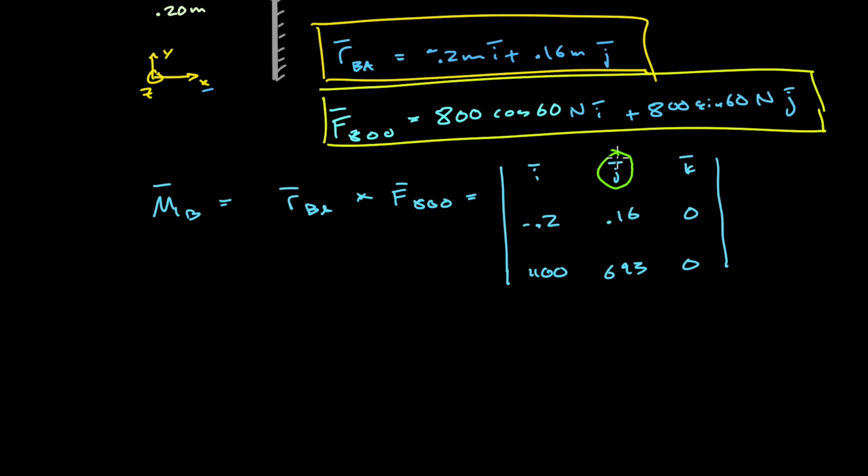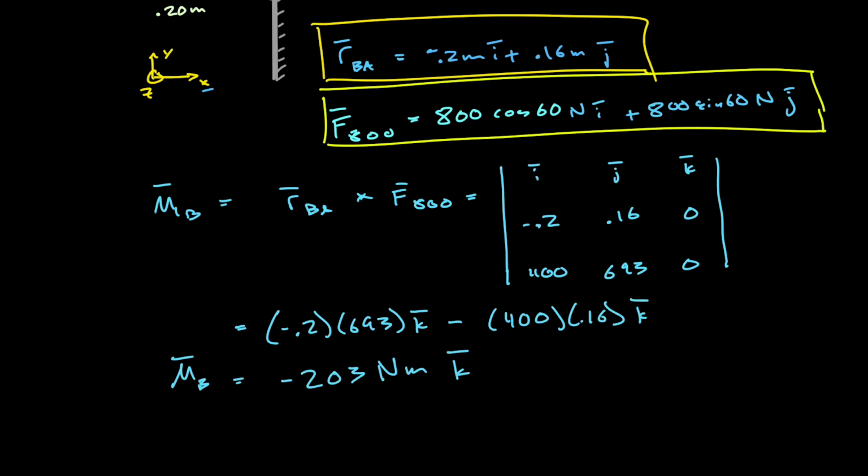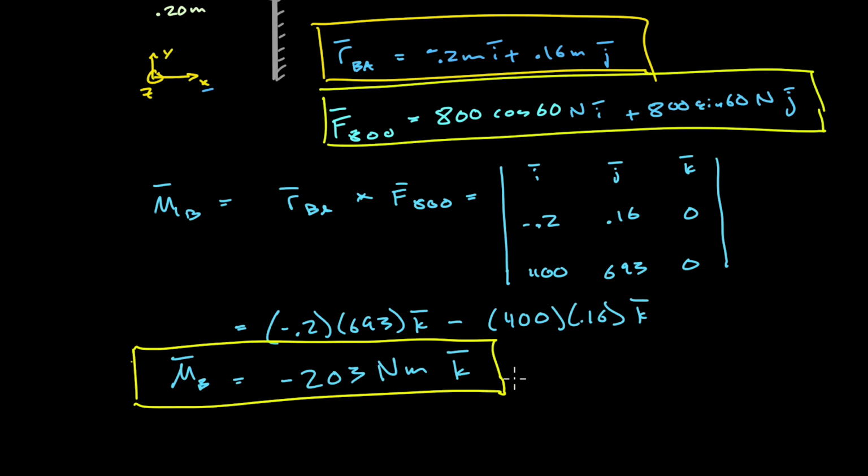You isolate j, cross out that row and column, and then take the determinant of this 2 by 2 matrix comprised of these 2 columns, and then there's a negative sign on the j term. And then of course you'll do the same thing for the k. So you'll isolate k, cross out its row and column, and then take the determinant of this 2 by 2 matrix and multiply by that unit vector k. So when you put all that together, you get negative 203 newton meters in the k direction.